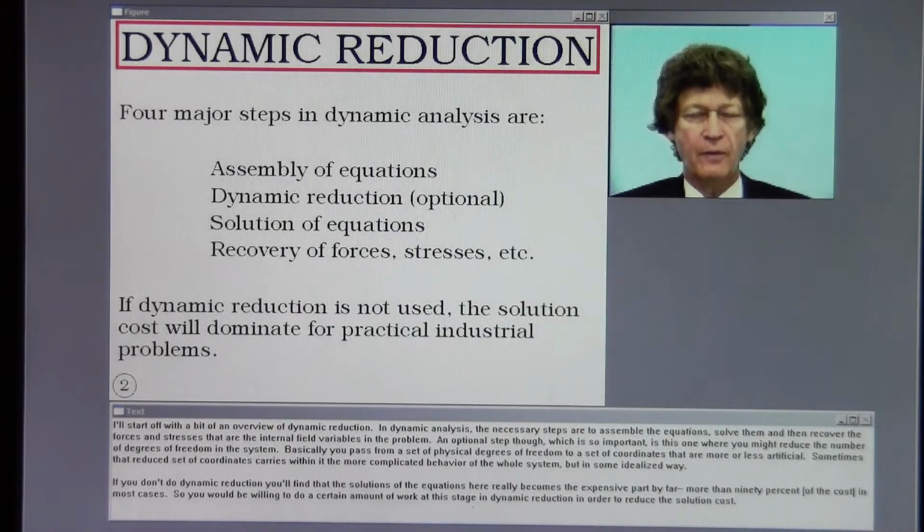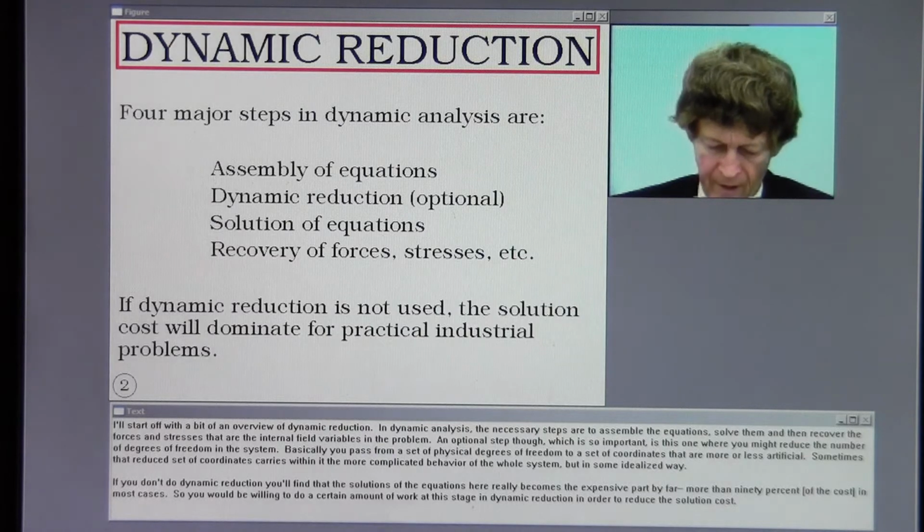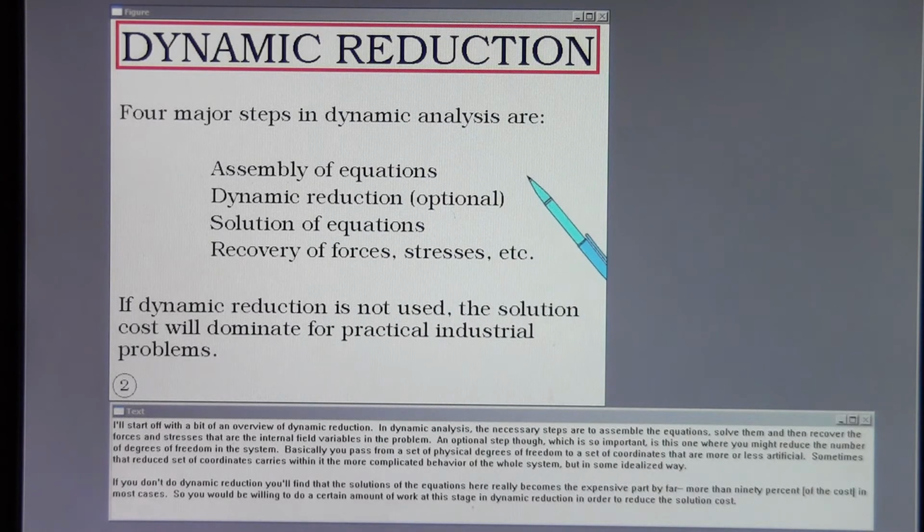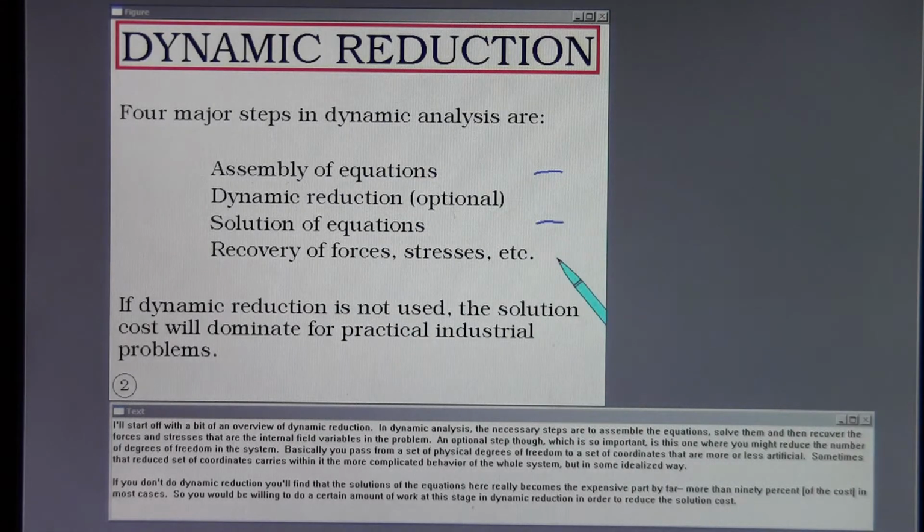I'll start off with a bit of an overview of dynamic reduction. In dynamic analysis, the necessary steps are to assemble the equations, solve them, and then recover the forces and stresses that are the internal field variables in the problem.